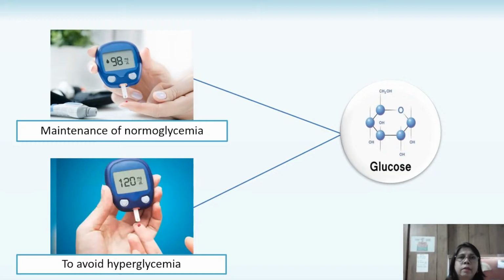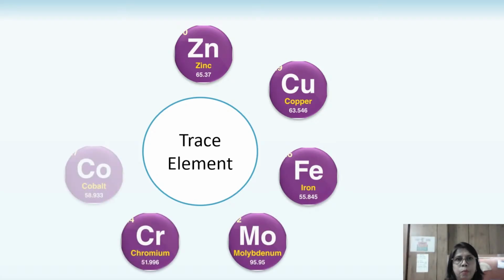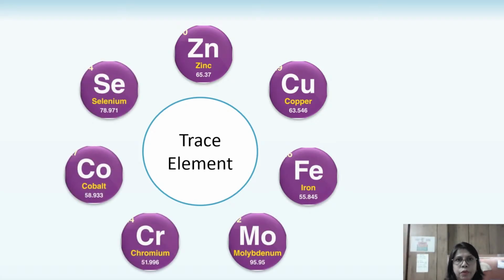Also, any other intravenous fluids which are given as supplements should also have as little glucose as possible. Trace elements including water-soluble elements, micronutrients, folate, amino acids should be replaced as required.